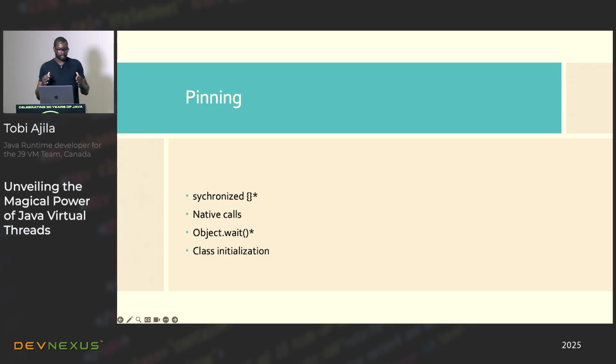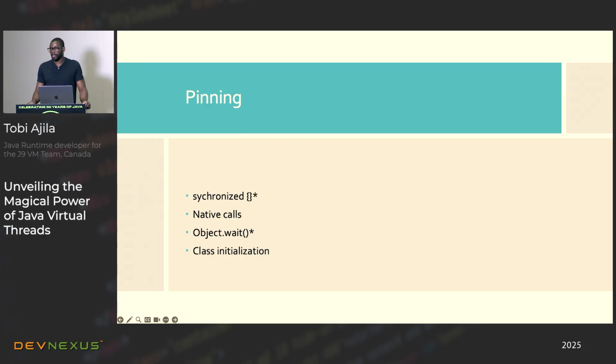So for this reason, native calls pin, and that means that as soon as you enter a native, the virtual thread is going to be pinned to the carrier thread, and it cannot be unmounted. And it can only be unmounted once it returns back into Java code. So this is another example of where pinning may occur.